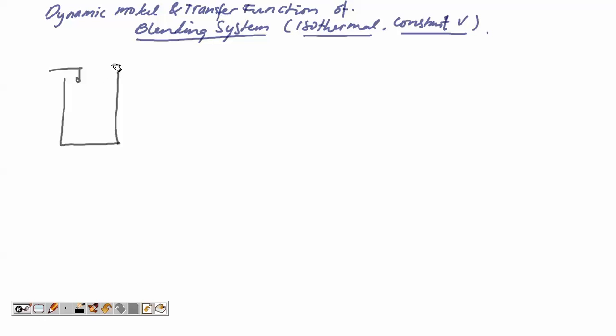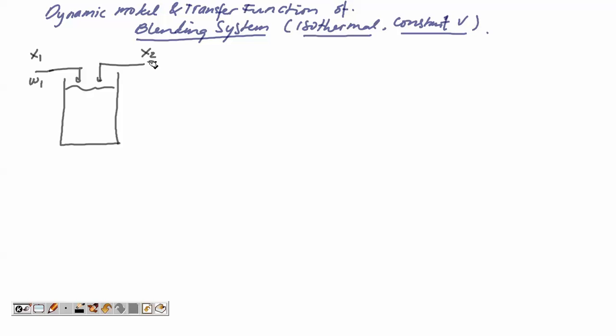Consider that we have two input streams. Stream 1 has mass fraction x1 and mass flow rate W1.